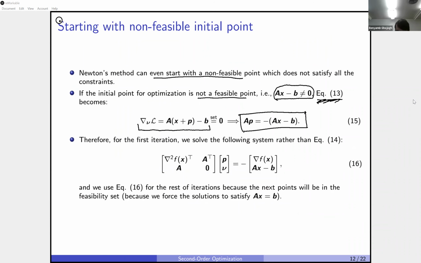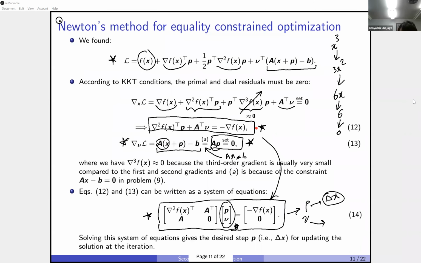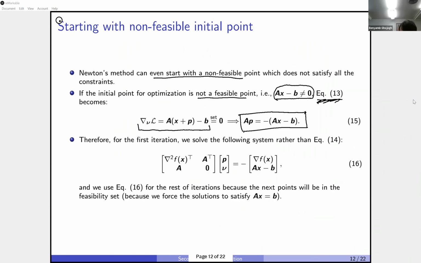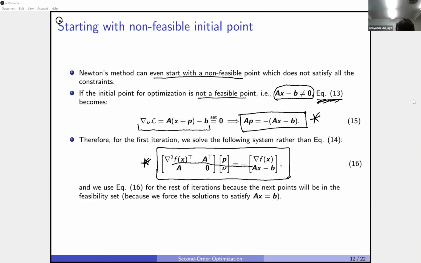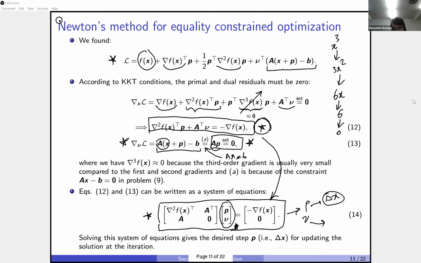Again, that's fine. So we had this, equation 12. Now we have equation 15 rather than equation 13. Let's put them together as a system of equations. There is a difference in the second line of this system of equations compared to equation 14. Equation 14 assumed that the point is feasible, right?